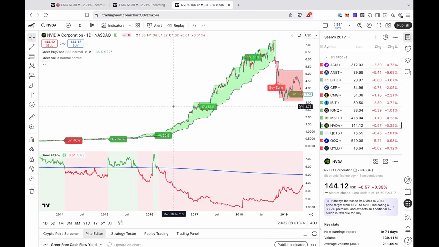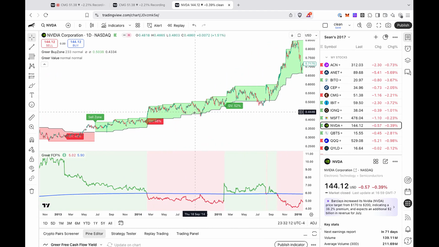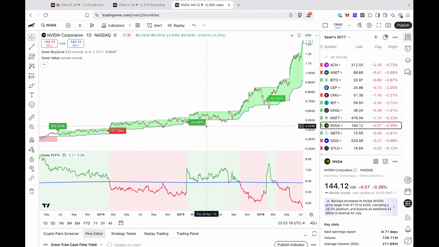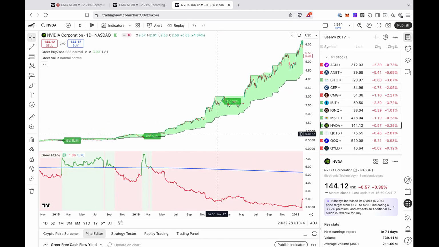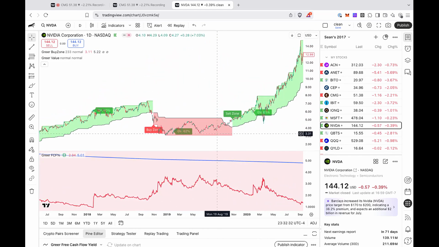Back in 2014, Nvidia was only a 46 Greer value, but it went from 46 to 52. If you were watching this stock, you might want to start to get into it. You would have gotten into Nvidia back when it was worth 50 cents, before the stock split, so you could have made a lot of profit this way.